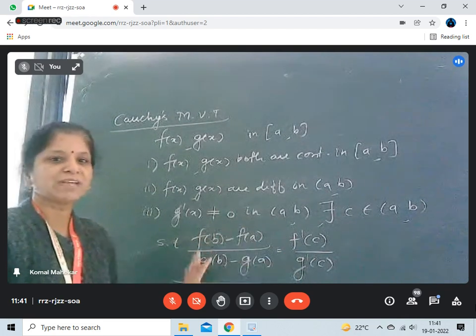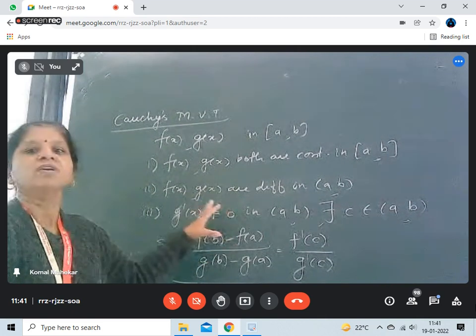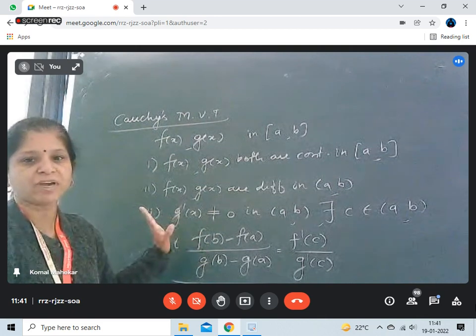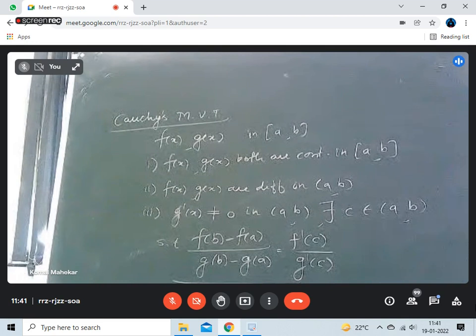If you simplify this equation, we get some value of c in the open interval a to b such that Cauchy's mean value theorem will be verified. Okay? So consider the examples on this. We will solve an example.